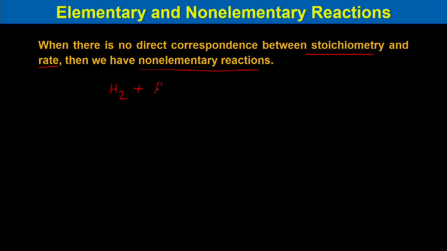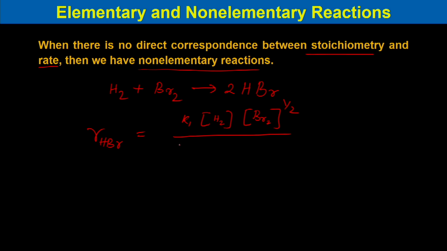Hydrogen plus bromine produces two HBr, and the rate expression is rHBr equal to k1 concentration of H2 times concentration of Br2 to the power half, divided by k2 plus the concentration of HBr divided by the concentration of bromine.